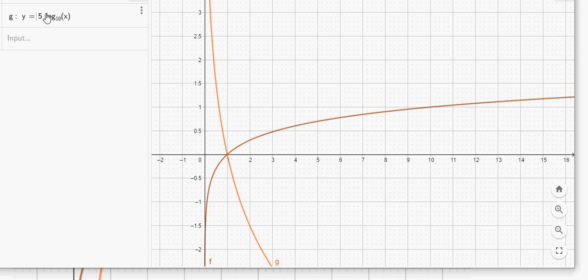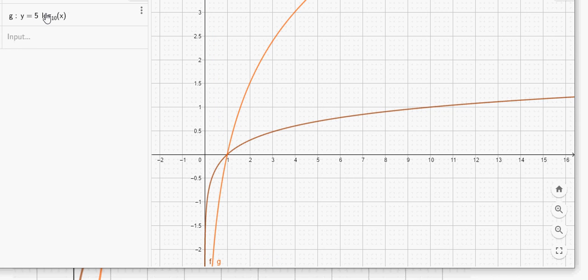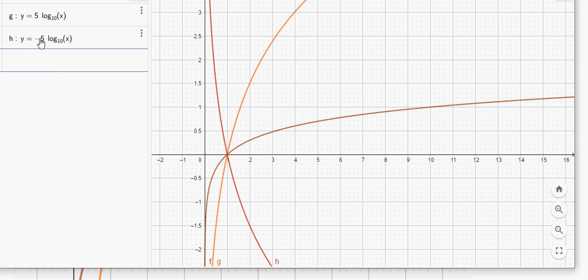Look closely. That's minus 5 log x currently. Everybody see it's mirror imaged in the x-axis? I'll draw both of them at the same time just to be sure. Cool. Mirrored in the x-axis.